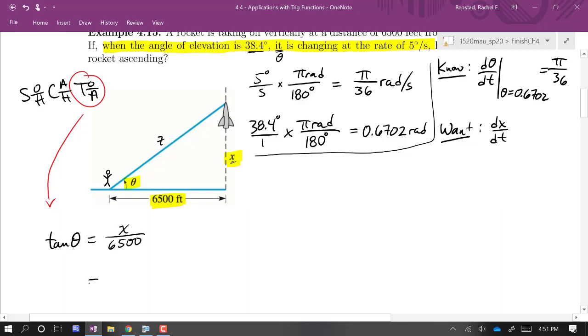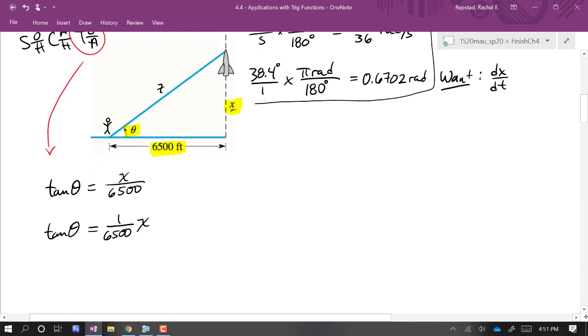Which I'm going to rewrite real quick as 1 over 6,500 times x. Now I'm going to differentiate both sides. Secant squared theta times d theta dt is equal to 1 over 6,500 times dx dt.